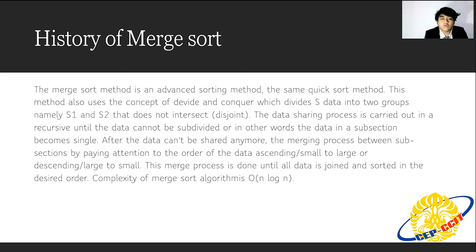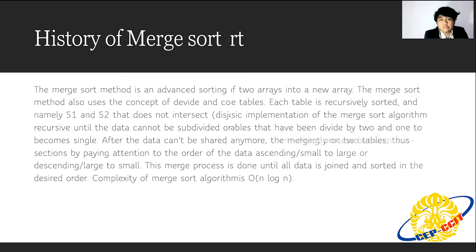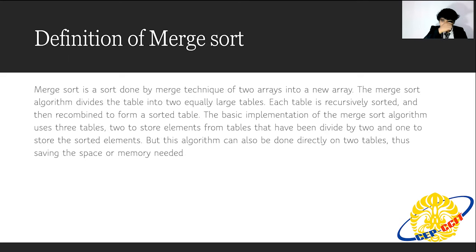The complexity of the merge sort algorithm is O(n log n). And now the definition of merge sort. Merge sort is a sort done by the merge technique of two arrays into a new array. The merge sort algorithm divides the table into two equally large tables.